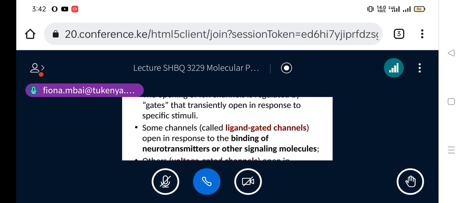Ion channels are not permanently open. They are regulated by gates, and these gates transiently open in response to specific stimuli. We've got the ligand-gated channels, which require binding of a ligand to a receptor or other signaling molecules to cause these channels to open.